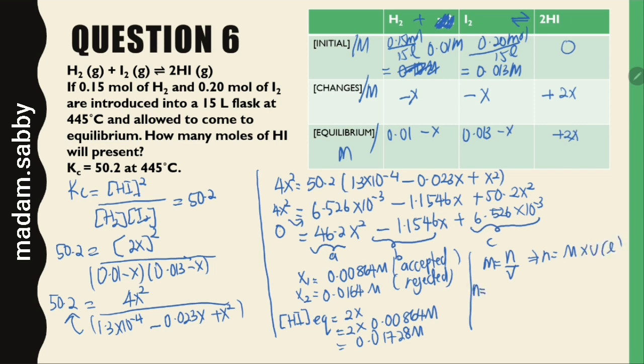So n equals 0.01728 molar times the volume of the flask, which is 15 liters. You will get the number of moles to be 0.2592 mole. That is the number of moles of HI at equilibrium.